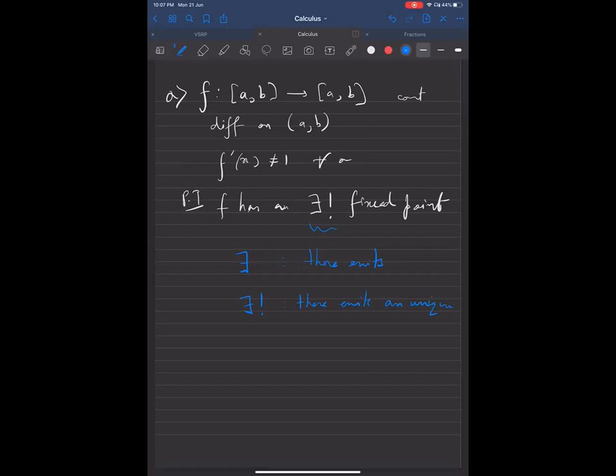There is only one fixed point, exactly. And this means it doesn't exist. This is not expected of you to know, but I'm just using the notation, so you can be familiar with the language of mathematics.